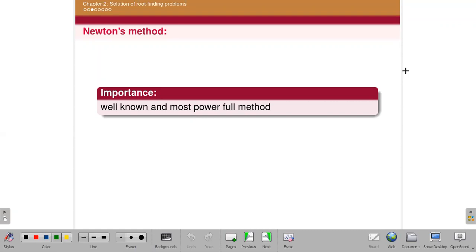But in the Newton method also you will get a sequence, and that sequence will converge to your root. So most powerful method means suppose you are getting a sequence generated by the Newton's method. So that will converge to your p value, to the root of the equation, faster than the other methods. You will do the secant method also, but this is the most powerful method. The rate of convergence of this sequence will be higher than the other methods. So in that sense, it is the most powerful method.